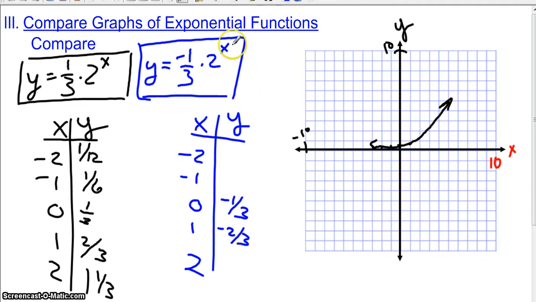When we plug in 2 here, 2 to the second is 4, good, and 4 times -1/3 is -1. Do you see something similar to this other function? They're just all the opposite. So we can just go fill this in. 1/6, -1/6, -1/12.